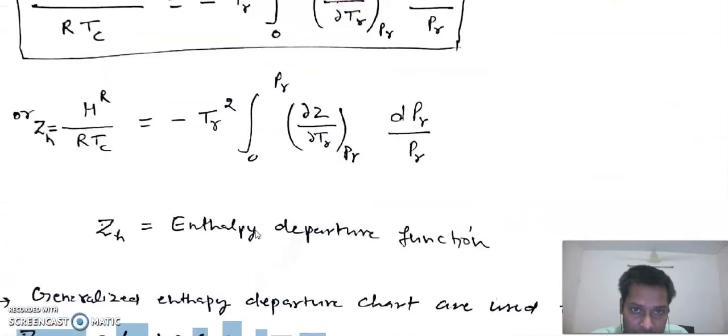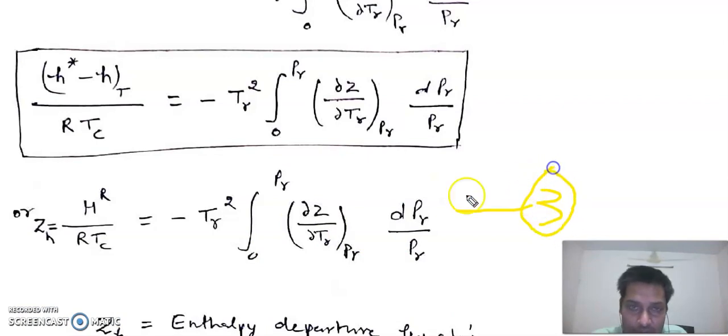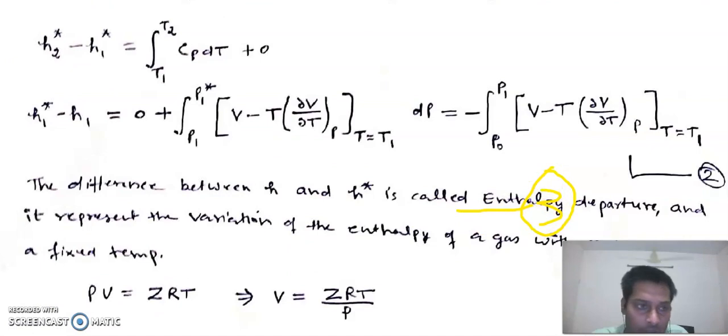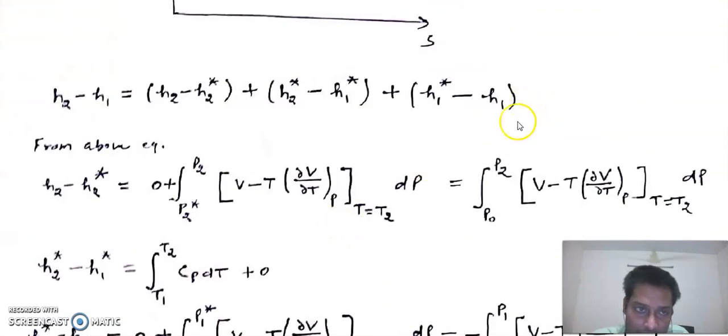Let's say this one is equation 3, and we had equation 2, this one is equation 2, and this one is equation 1.